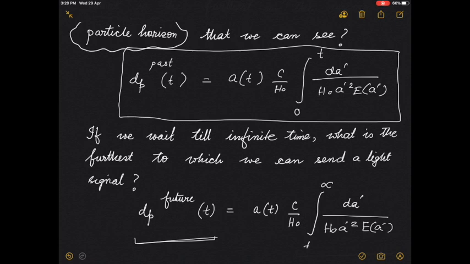We vaguely discussed in the first lecture in cosmology what we mean by luminosity distance and angular diameter distance.